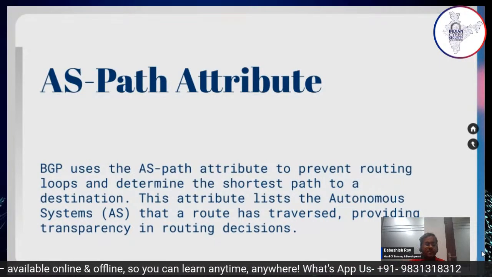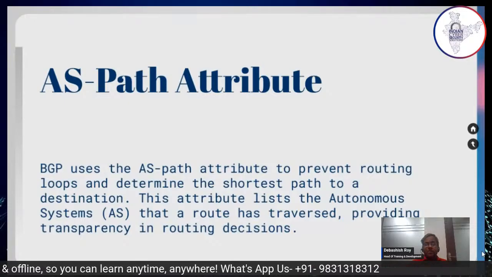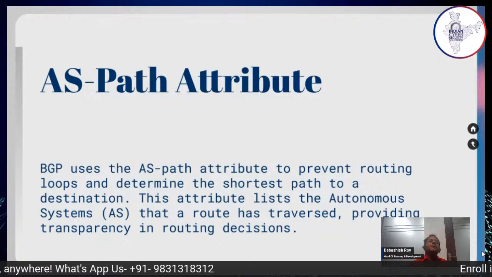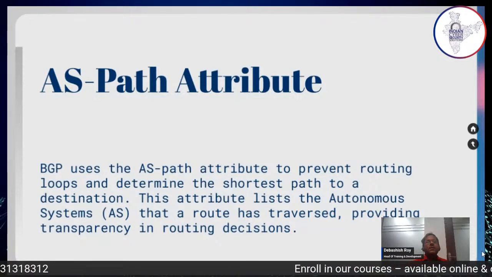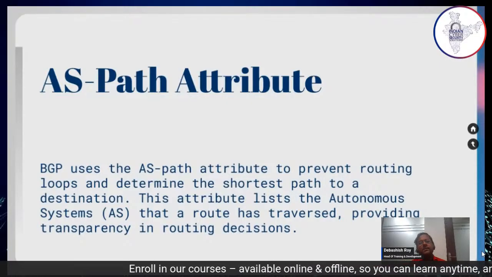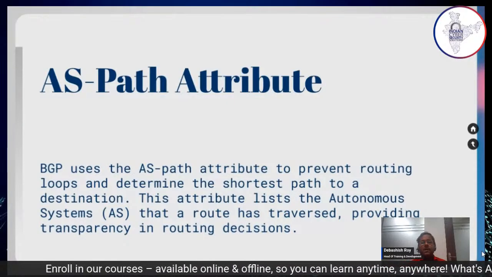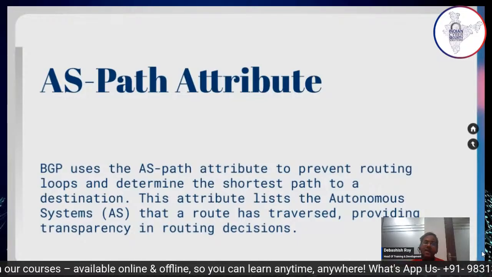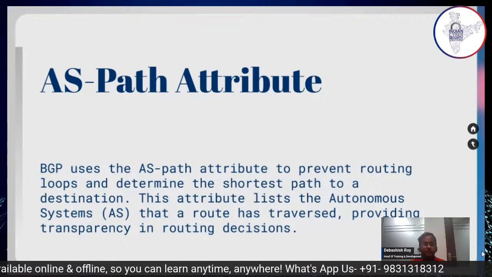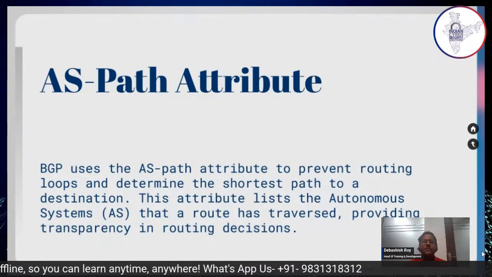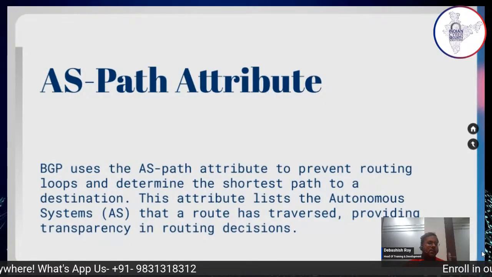Routing loop means, in eBGP, external BGP, you just have the AS path information. So if the data is circulating from one router to the other router, it is never coming back to the same AS because it carries the AS number. This attribute lists the autonomous systems that a route has traversed, and it provides transparency in routing decisions.